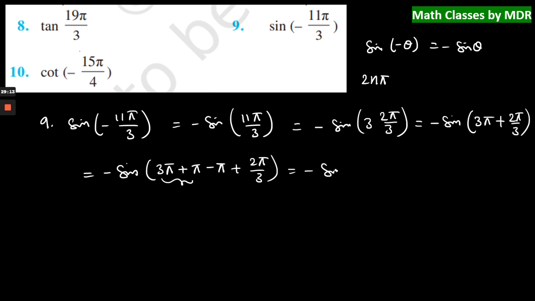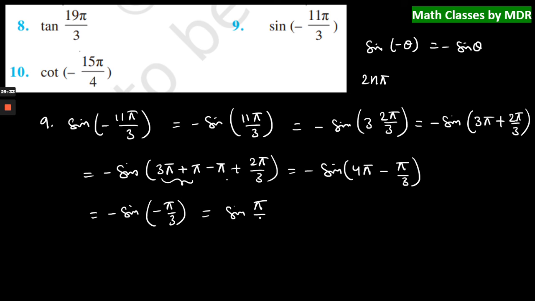So minus sine 4 pi minus pi plus 2 pi by 3 is minus pi by 3. So that is 4 pi minus pi by 3, which is equal to sine of minus pi by 3. Again sine minus theta, so the minus you can take out, so that is sine of pi by 3, which is equal to, we know that sine pi by 3 is root 3 by 2. This is the answer for the 9th one.